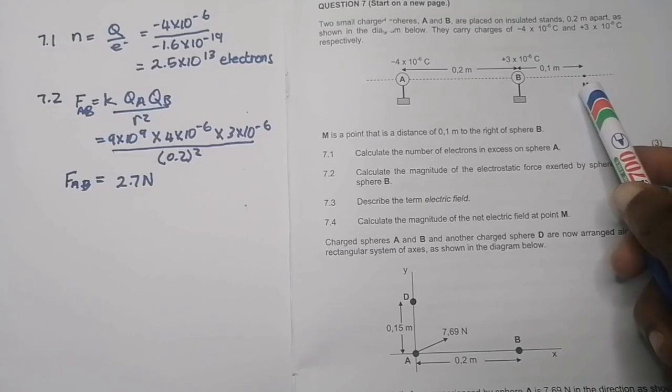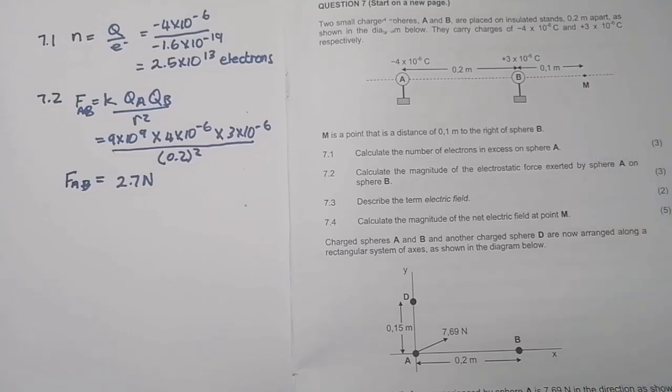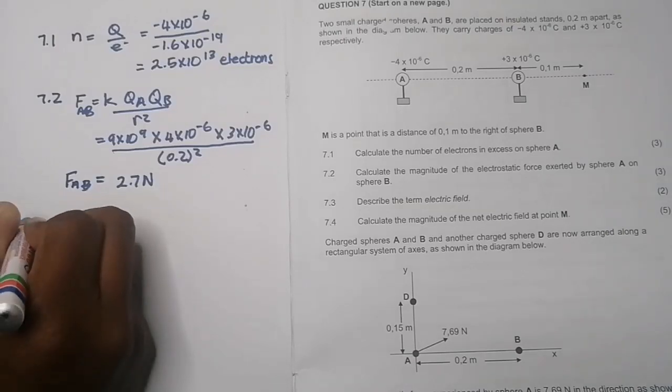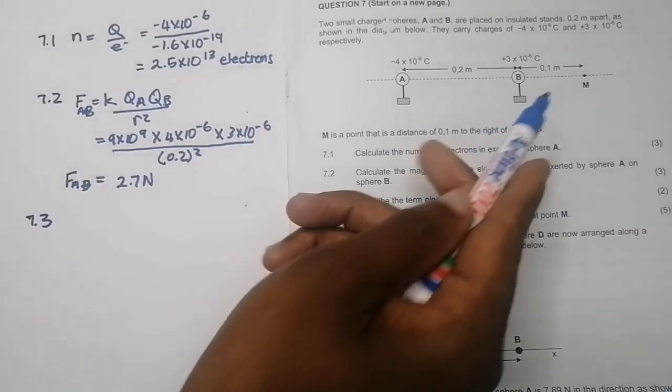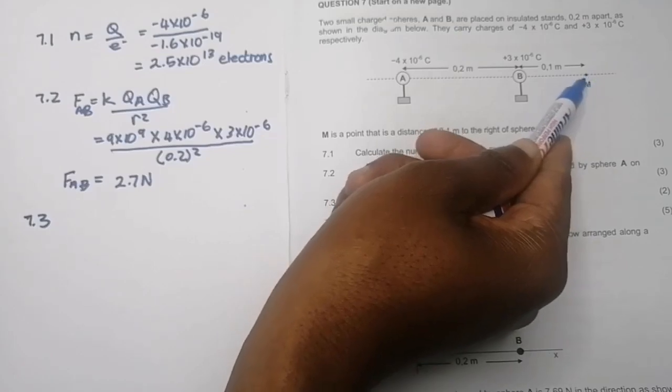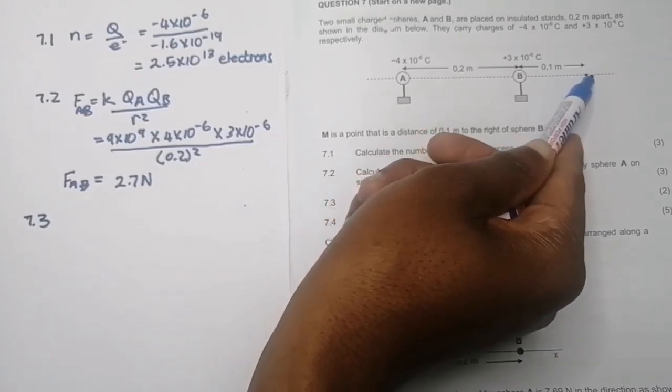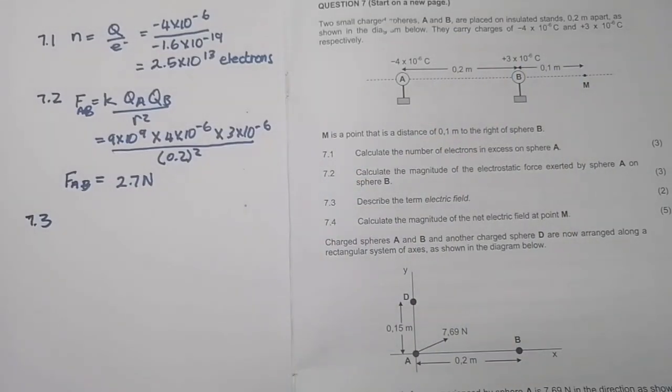So we're looking at point M, and I'm going to start calculating it there. So for 7.3, first of all, let's consider M as our point. Of course, they did tell us that's our point. So what's the assumption at point M?